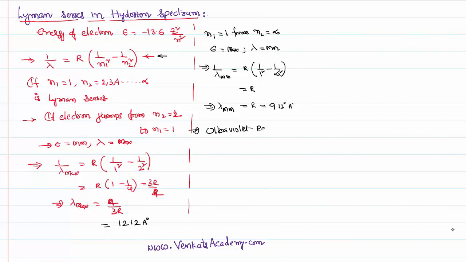The Lyman series is always in the ultraviolet region. We can also calculate the ratio of maximum wavelength to minimum wavelength in the Lyman series: maximum is 4 by 3R, minimum is 1 by R, so the ratio is 4:3.